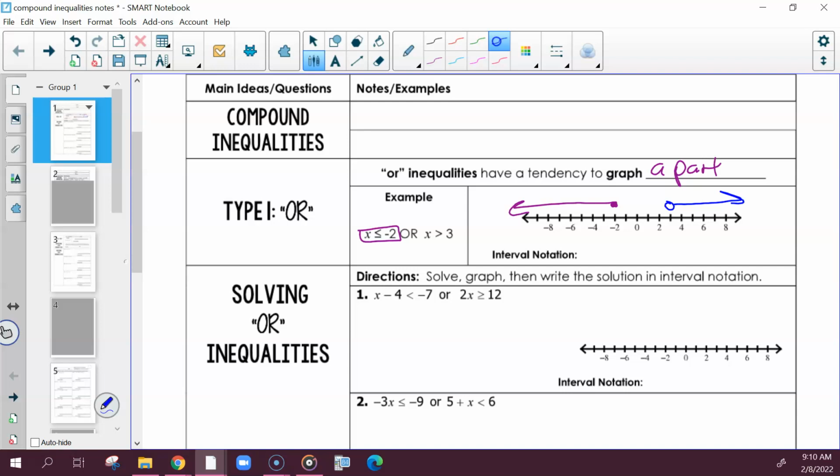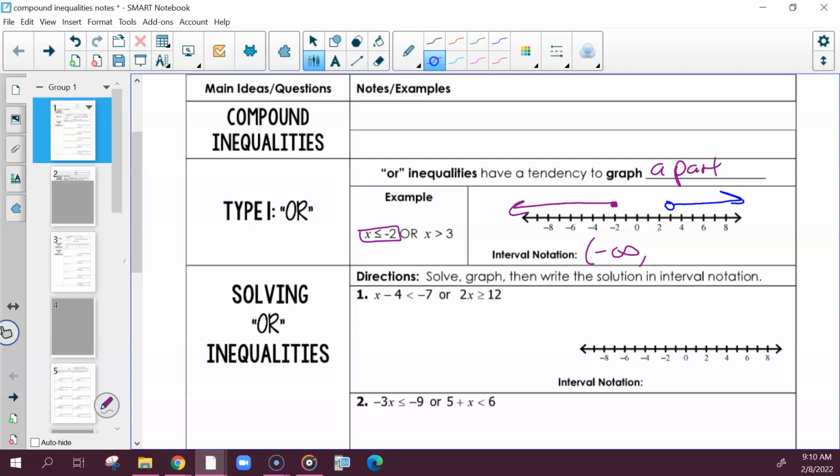Negative infinity. And then from negative infinity to, where does it stop? If it was negative infinity to positive infinity, this would keep going all the way through. That's not the case. It stops and then starts again.